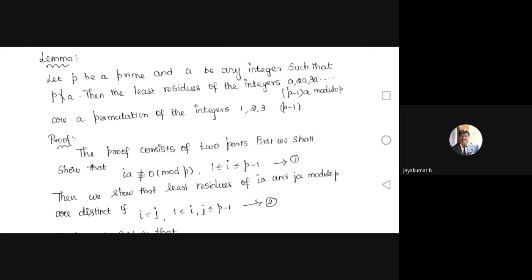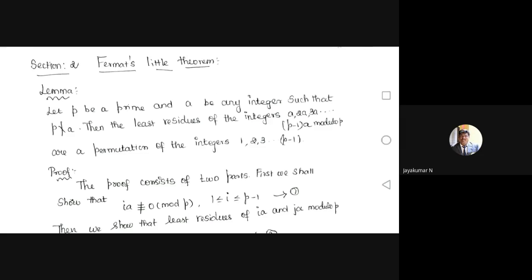Again, I will repeat the statement of the lemma. Let p be a prime and a be any integer such that p does not divide a. Then the least residues of the integers a, 2a, 3a, 4a up to (p minus 1) into a modulo p are a permutation of the integers 1, 2, 3 up to p minus 1.